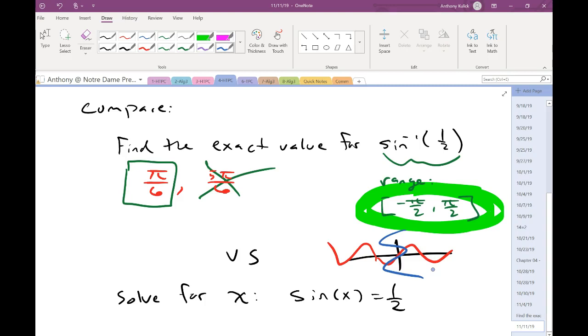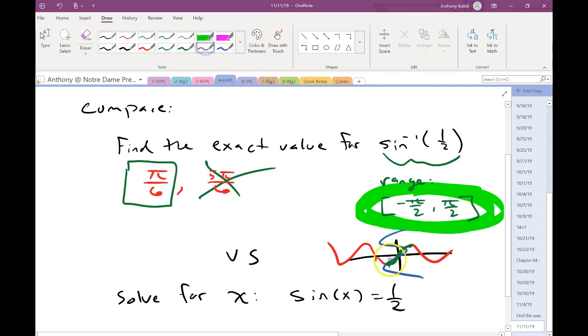How did we solve that problem? We just restricted the domain of our sine function so that it covered all the y coordinates but didn't have any duplicate y coordinates, right?